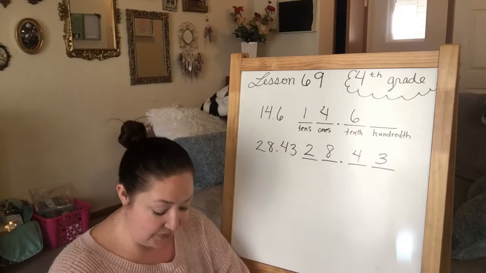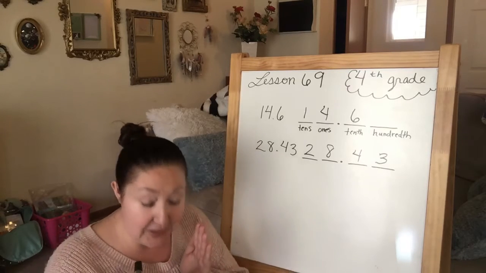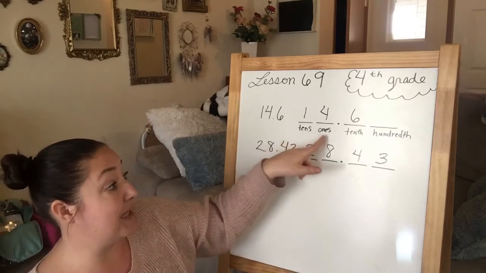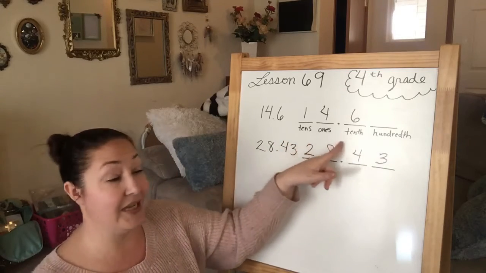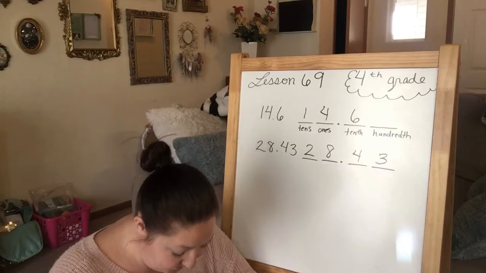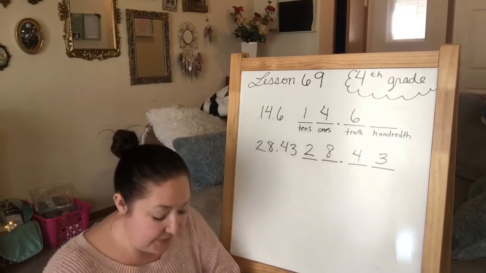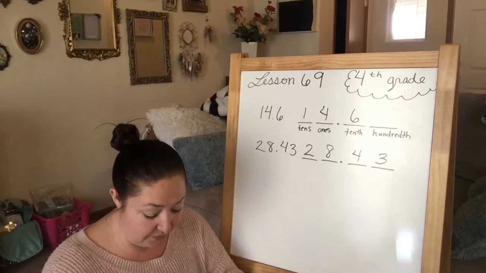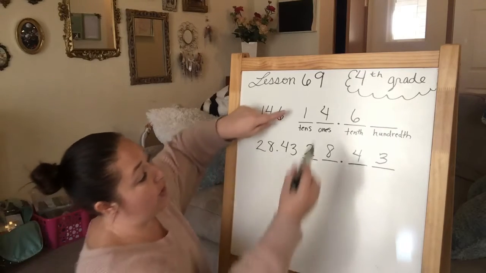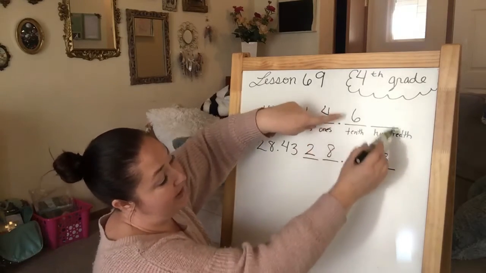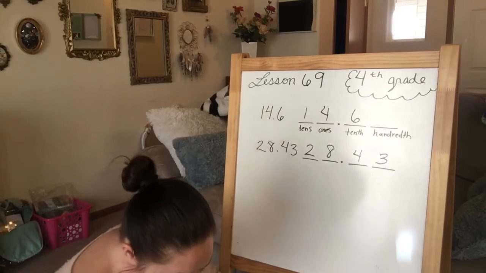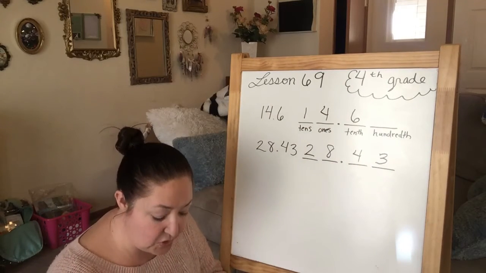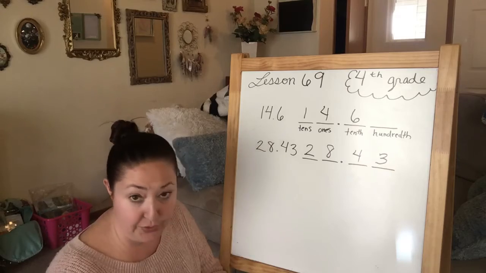To compare decimal numbers, we need to pay close attention to place value. Where are the numbers in the place value? The decimal point separates the whole number part of a decimal number from the fraction part. So it says compare 12.3 and 1.23.